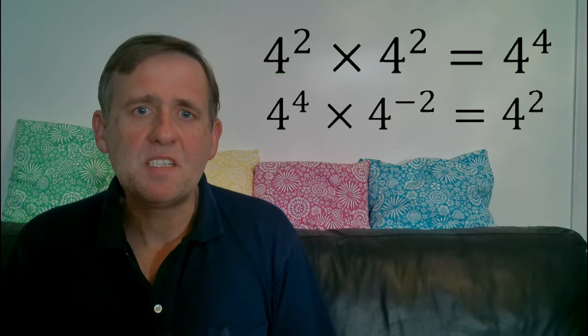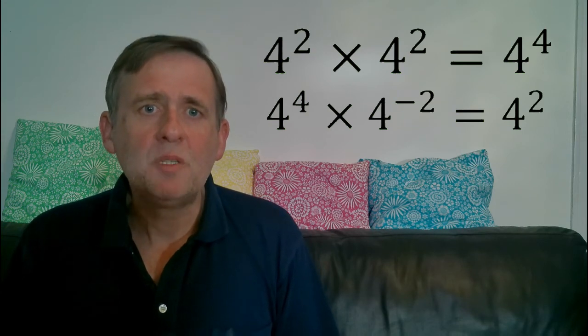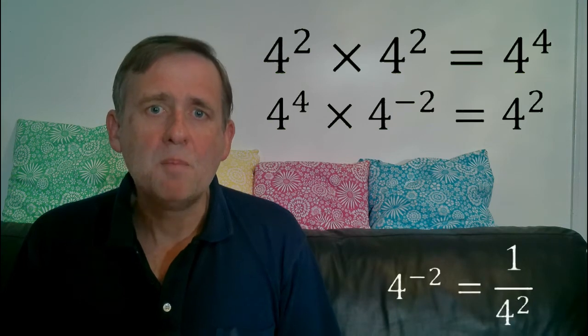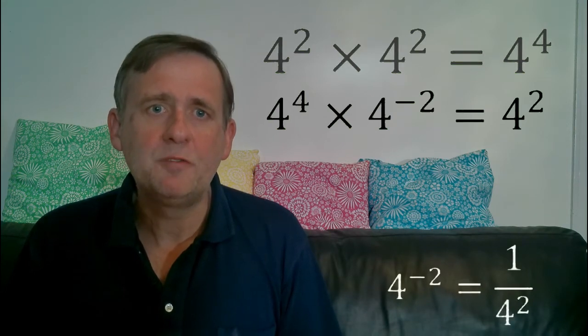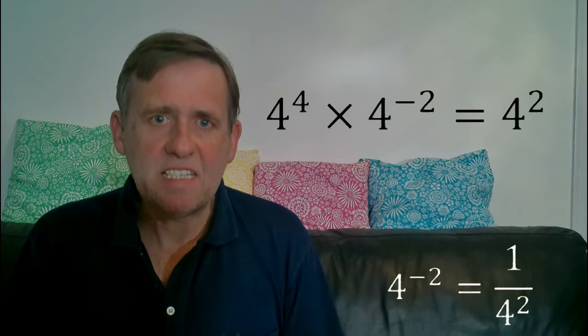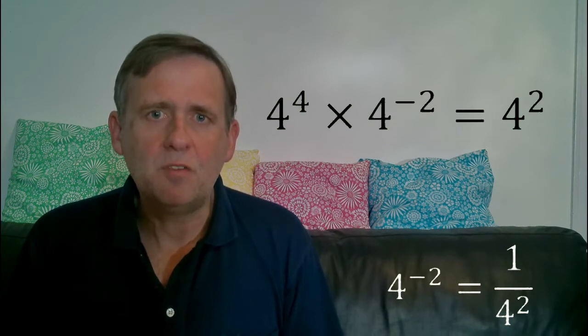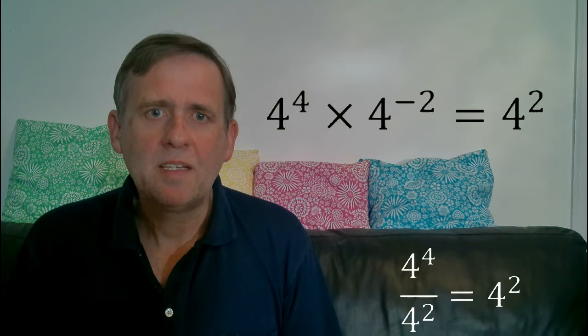If now I put this into fractional notation, we can see that therefore 4 to the power minus 2 must be the same as 1 over 4 squared, since this is the number that will decrease the indice of my original expression, 4 to the power 4, to 4 squared, as now shown on the screen.